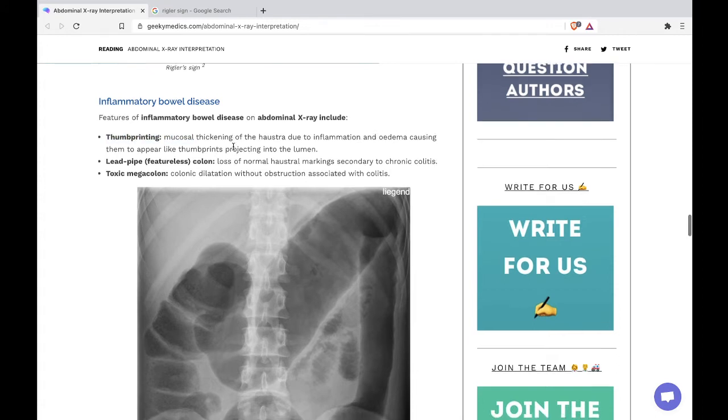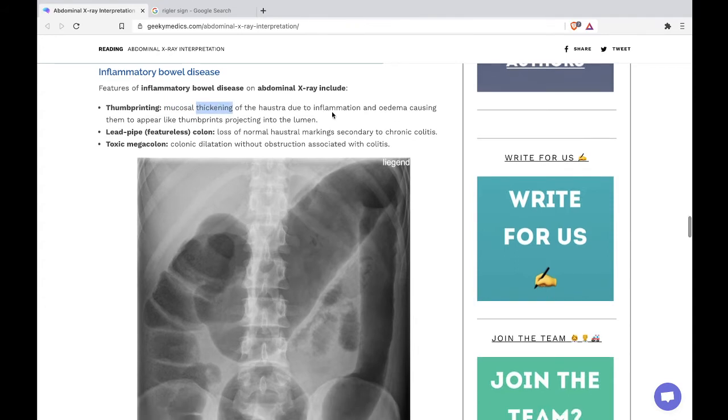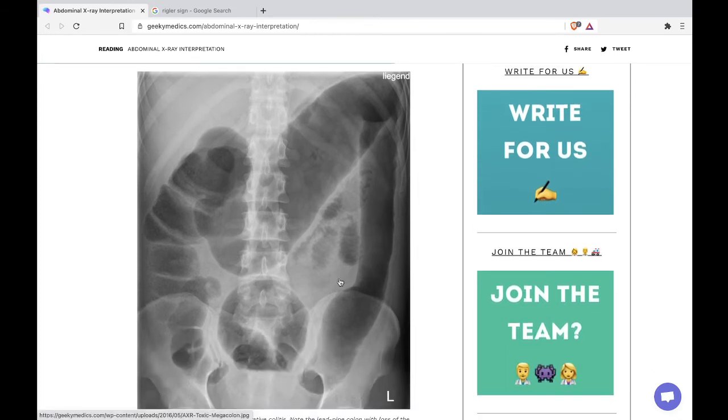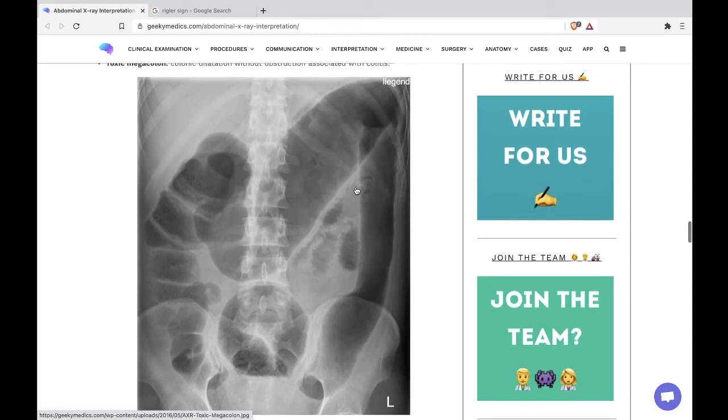I don't know what else will cause it. Mucosal thickening of the haustra due to inflammation and edema, causing them to appear like thumbprints projecting into the lumen. Let me see if I can find it. I don't see it.